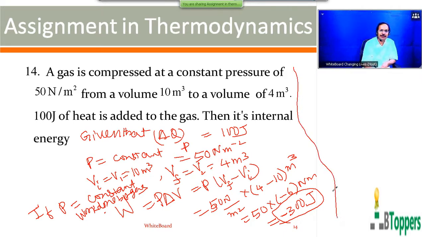So from the first law of thermodynamics, we can write delta Q equal to delta U plus W. Here delta Q is given to be 100 joules. The work done by the gas is minus 300 joules.